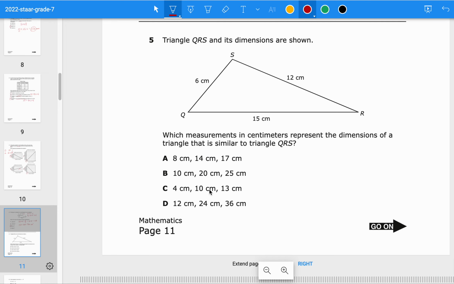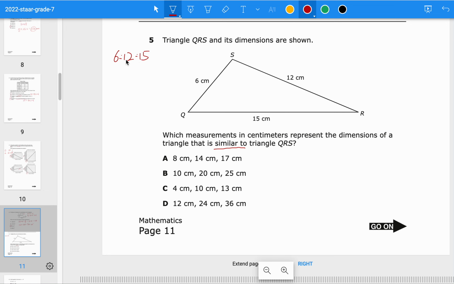Number 5 is asking us to find the triangle that is similar to the triangle QRS. When we talk about similar triangles, that means each corresponding side has the same ratio. So for triangle QRS, we have the sides 6, 12, and 15.